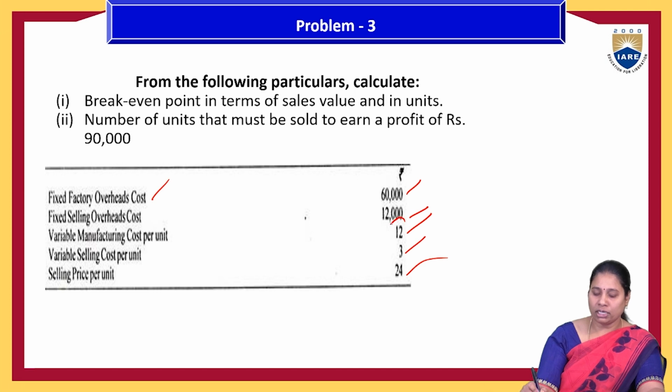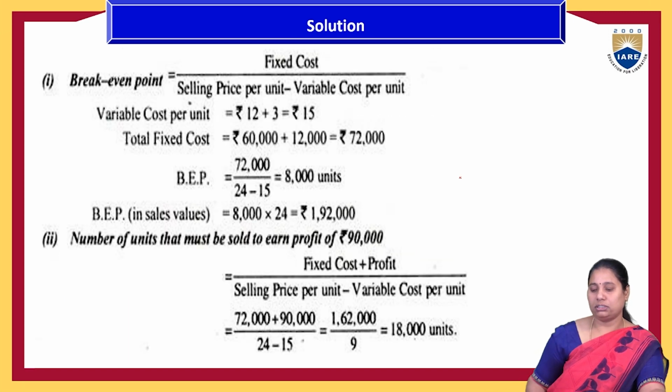The total variable cost is 15 rupees. And the fixed cost is 72,000. This is the information provided for us so that we can calculate it.